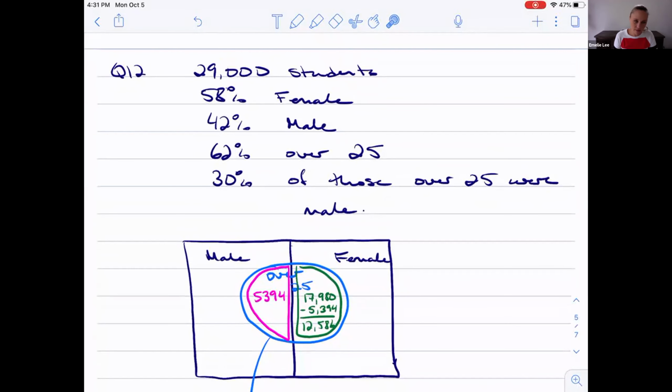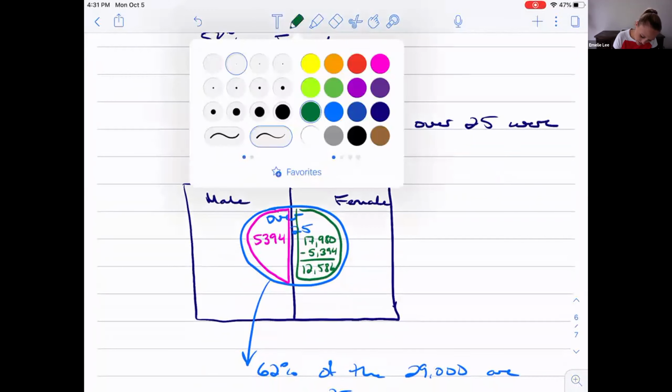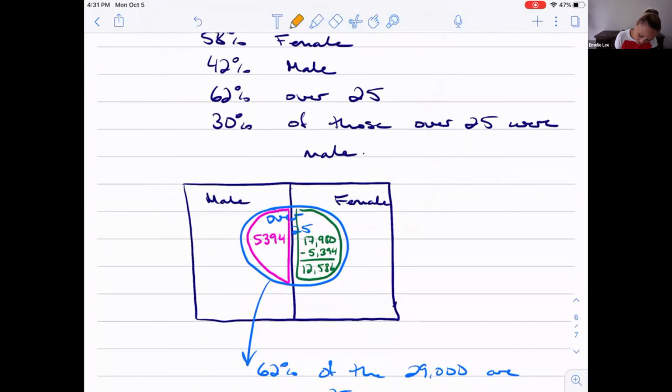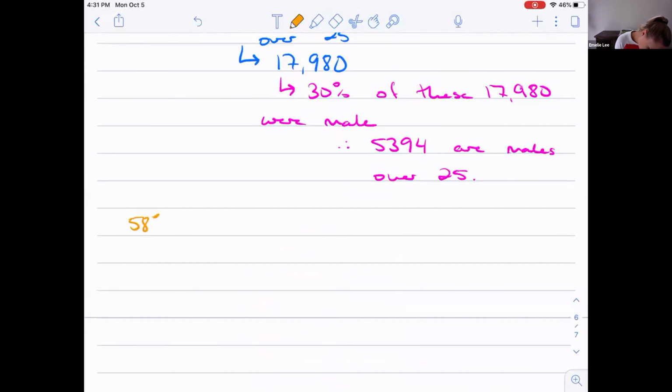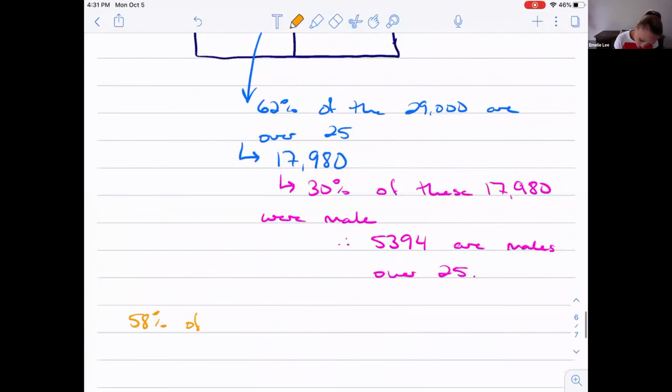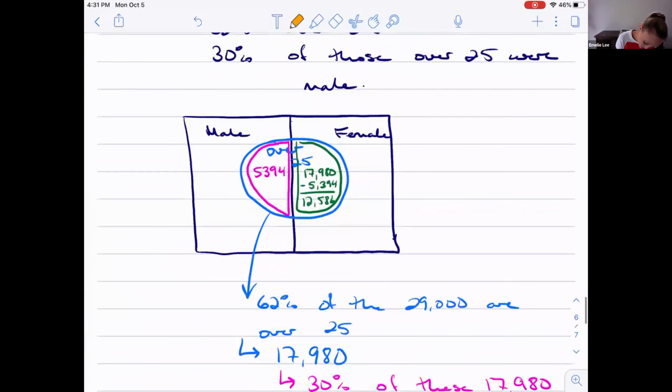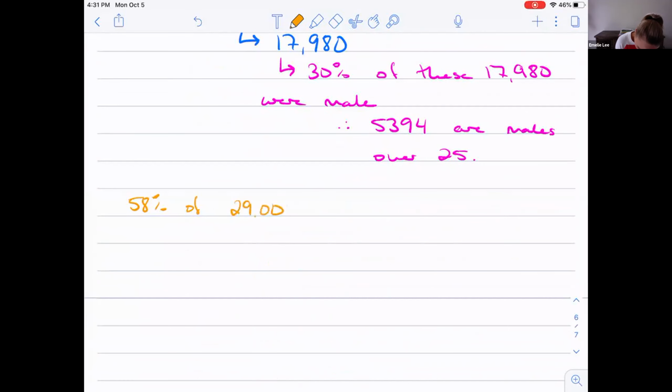We can figure out in the same way how many females there are, right? 58% of 29,000, but then we have to take away the 12,586, right? So let's see here. What's another color I can use? So 58% of 29,000 were female.